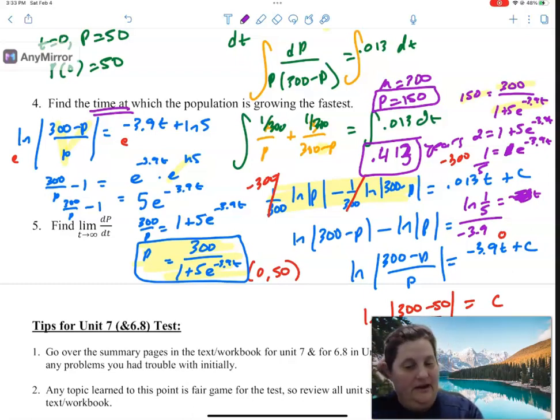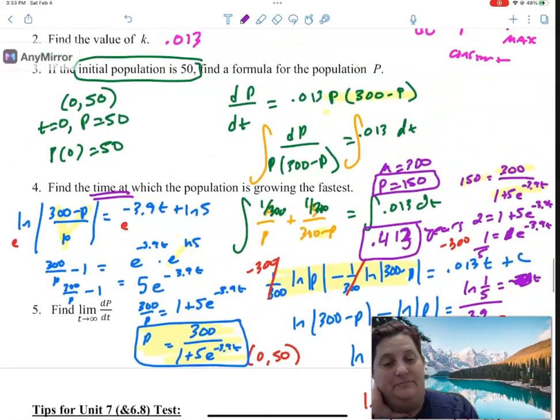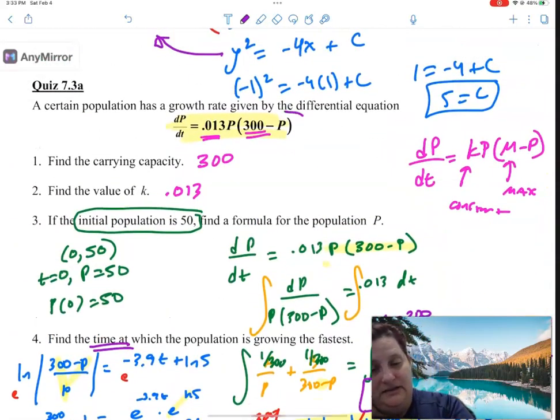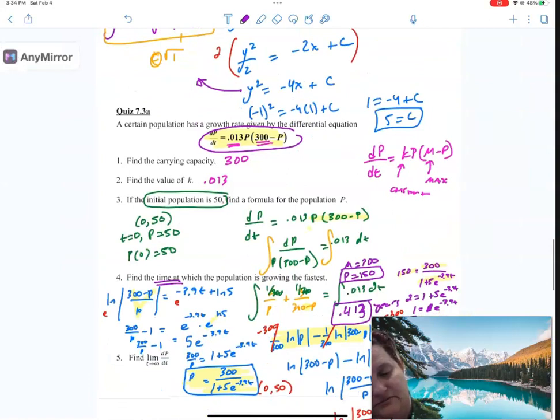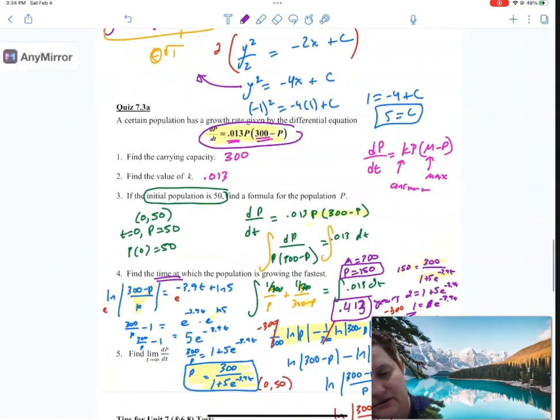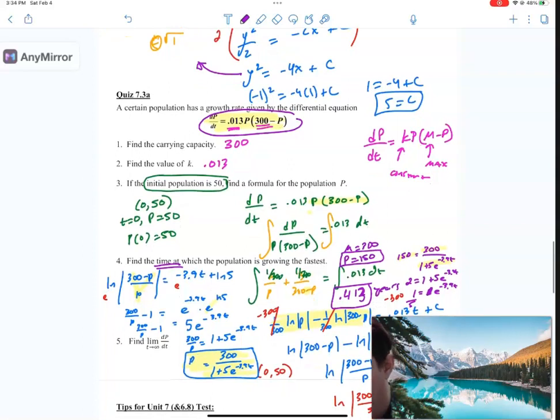Okay, find the limit as t approaches infinity of dp dt. So we're going back to here. Find the limit as t approaches infinity of dp dt. Guys, I think that's a typo.